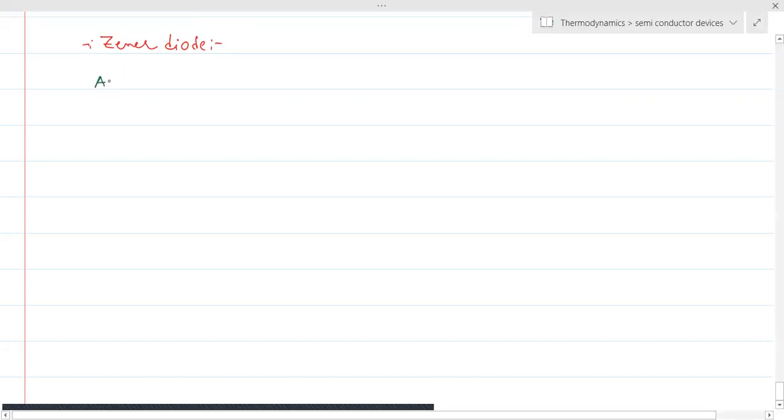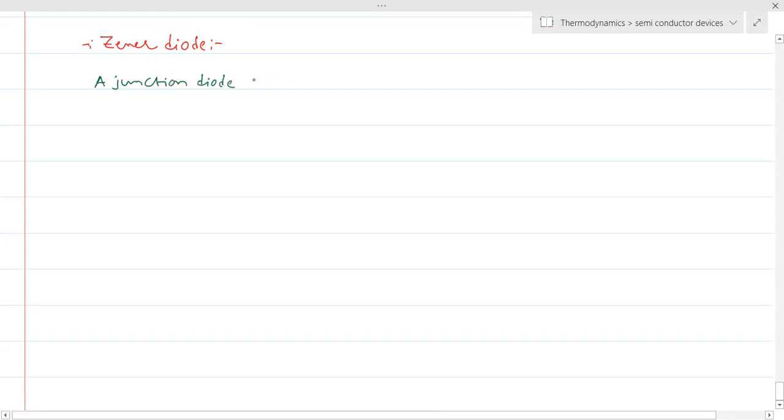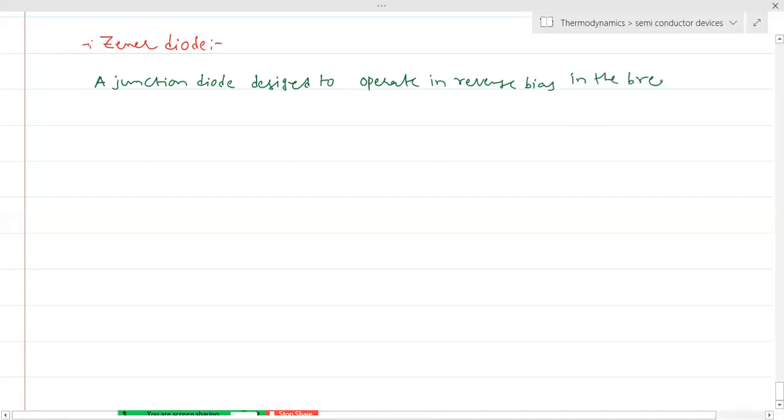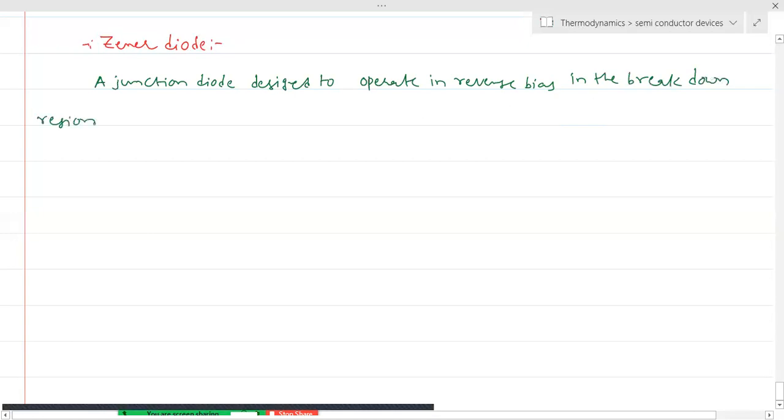Next we will think of the Zener diode. A Zener diode is nothing but a junction diode designed to operate in reverse bias, in the breakdown region, and used as a voltage regulator.